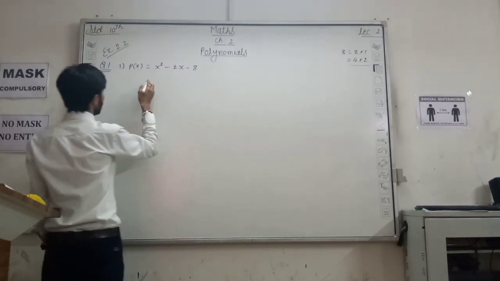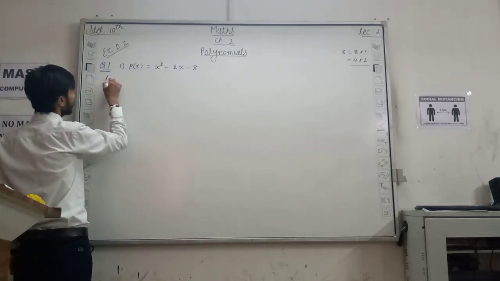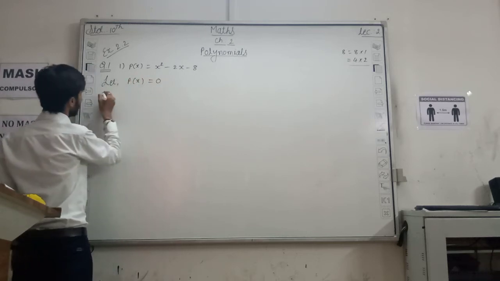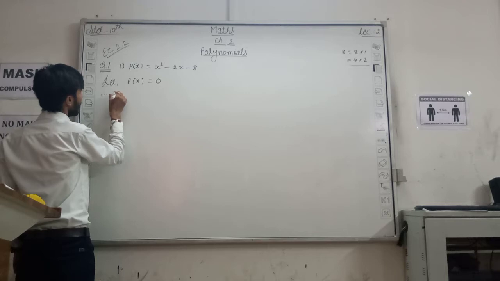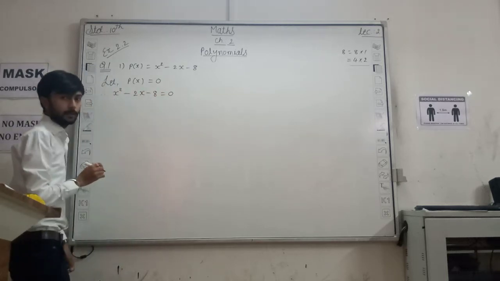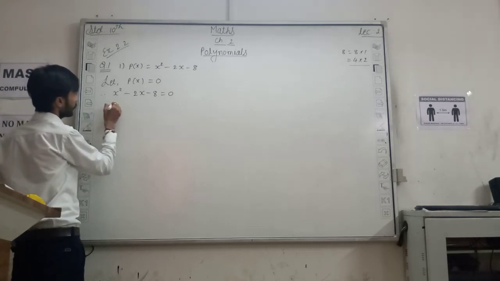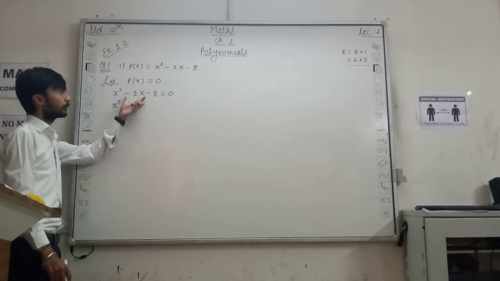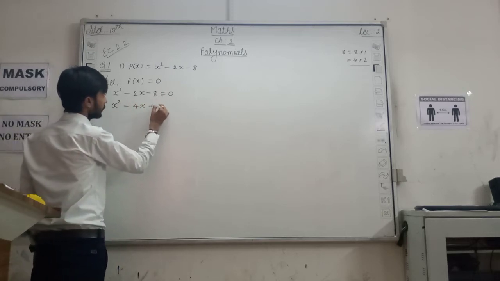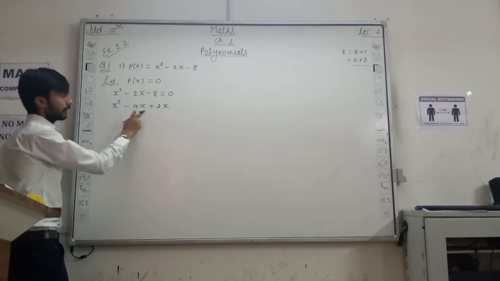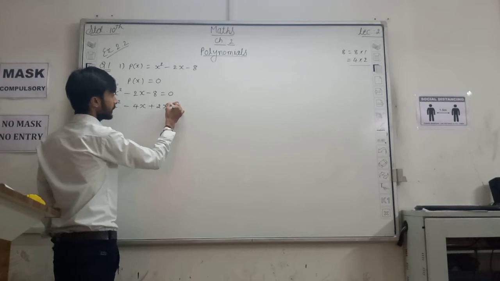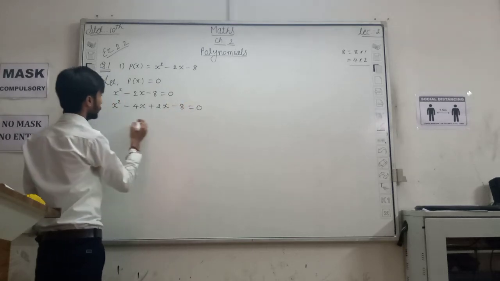To find its zeros, let p of x equals 0. Therefore x square minus 2x minus 8 equals 0. In place of 2x we write minus 4x plus 2x, since 4 twos are 8, and minus 4x plus 2x is minus 2x, minus 8 as it is, equals 0.